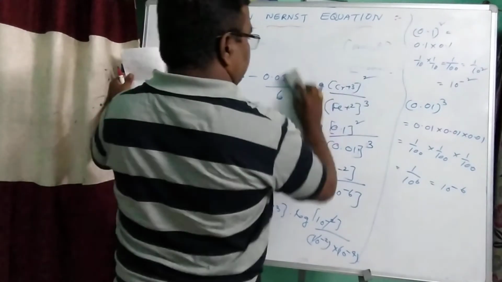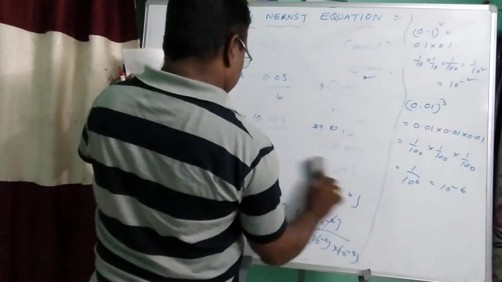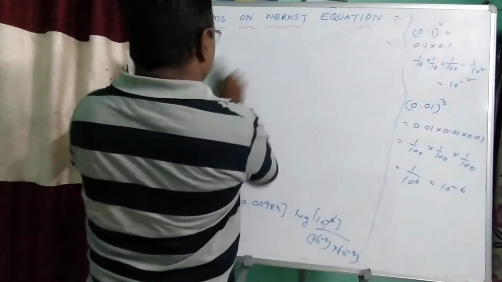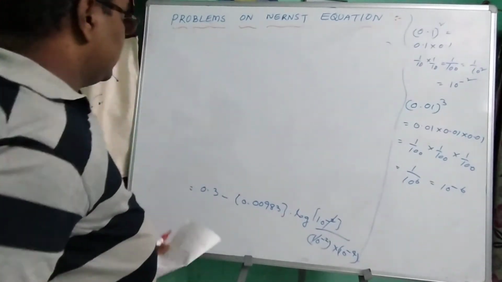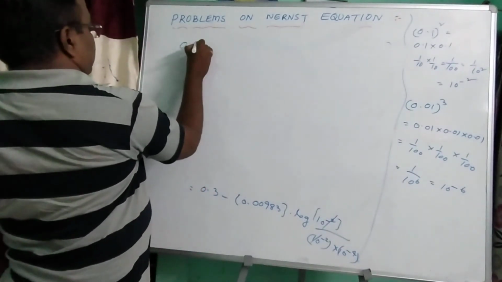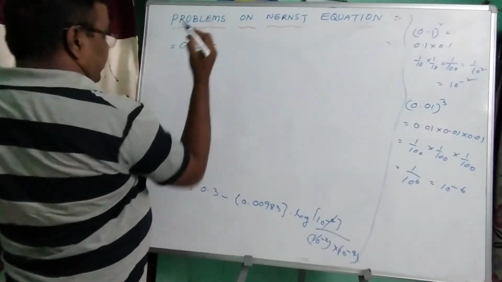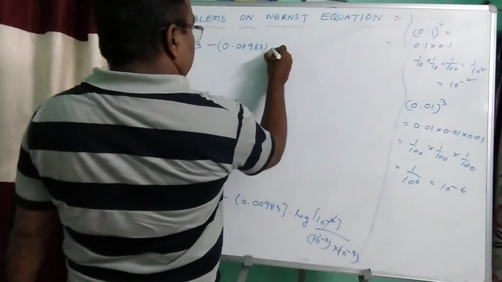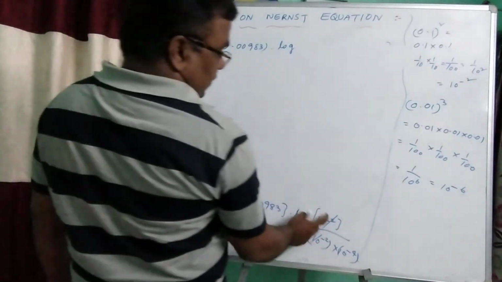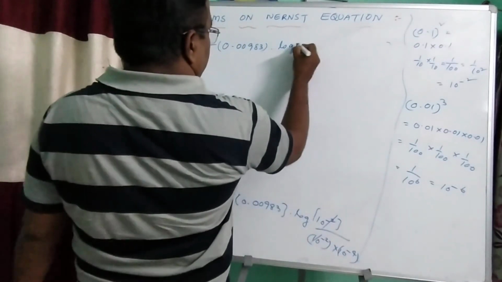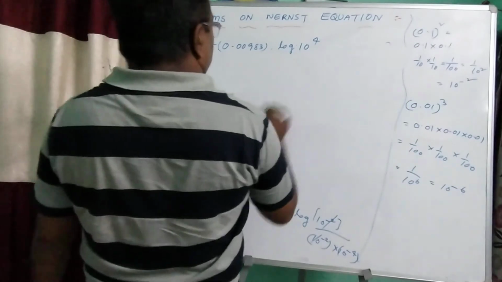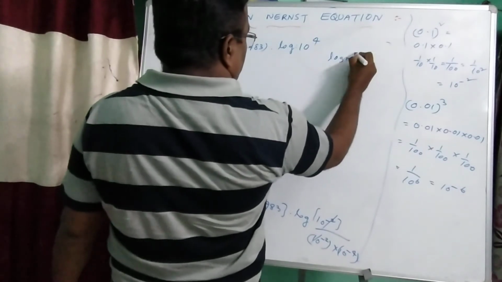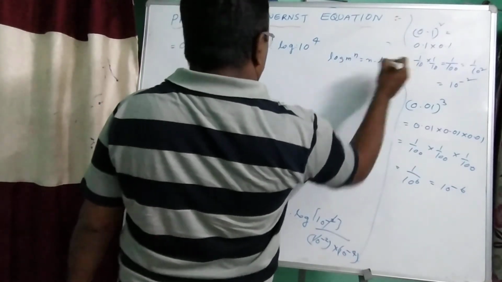Now the last step is 0.3 minus 0.00983 into log, and 10 power minus 4 in the denominator converts to 10 power 4. We know that log m power n is equal to n into log m.